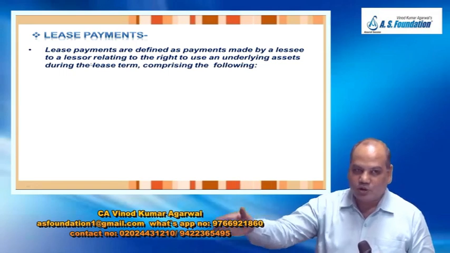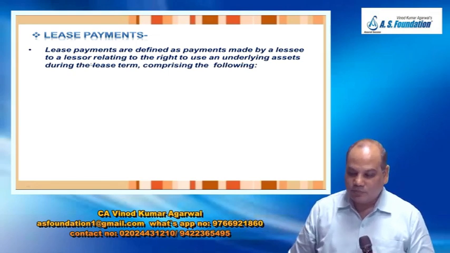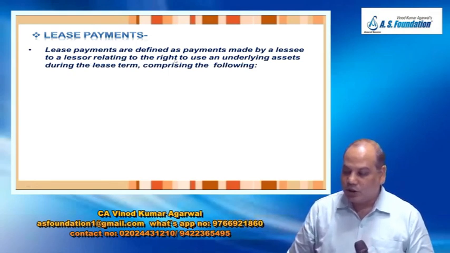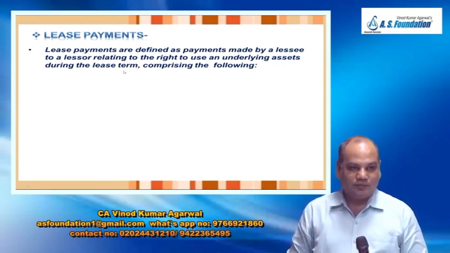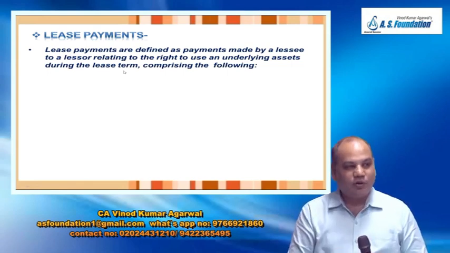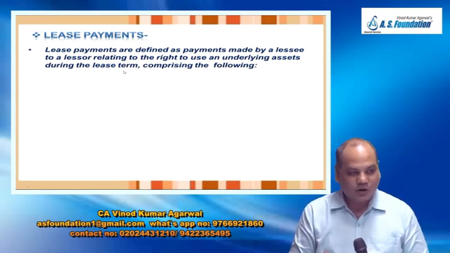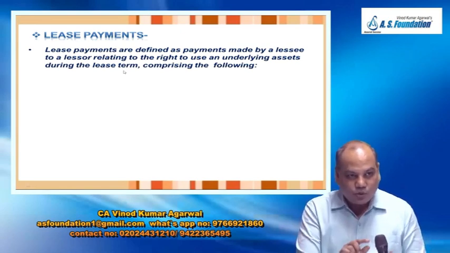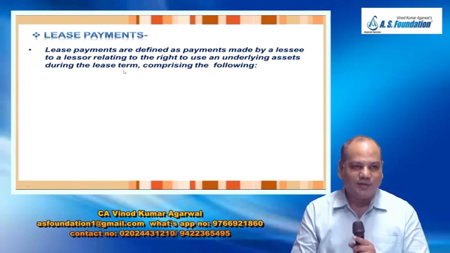Payment made to an insurance company for insuring the asset is not lease payment. Payment should be to the lessor, relating to the right to use an underlying asset. If you are making payment to the lessor but for maintenance service, again that is not a lease payment.